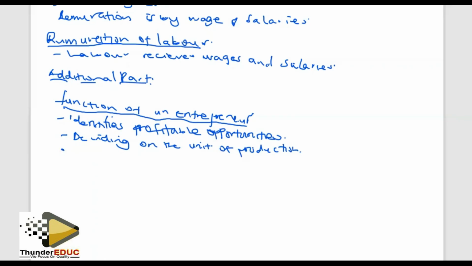He decides on the location of the business, where to put the business. So it makes a lot of decisions. For example, identifying other factors of production required in the production process of his business.